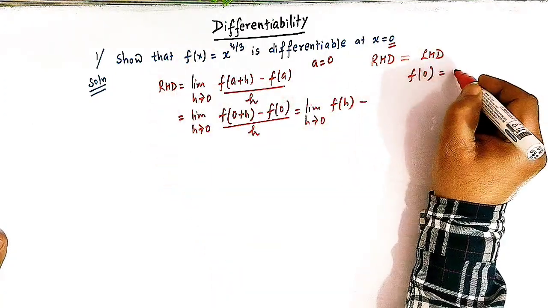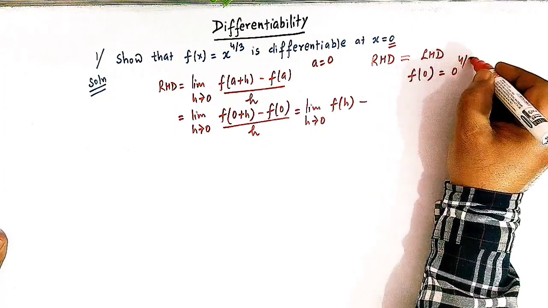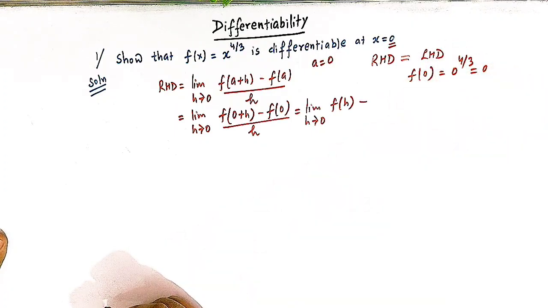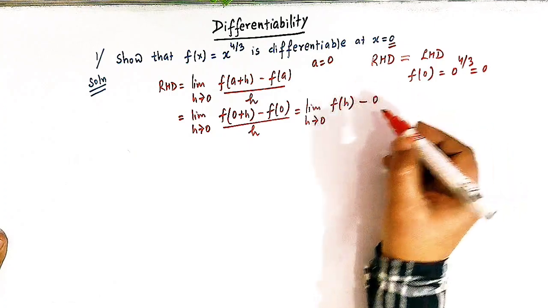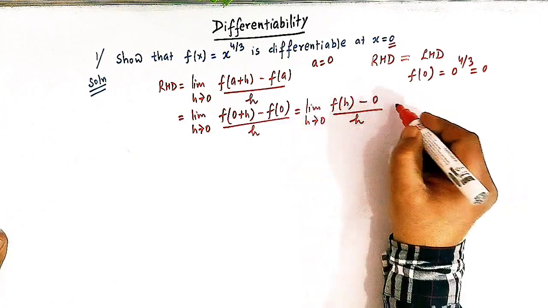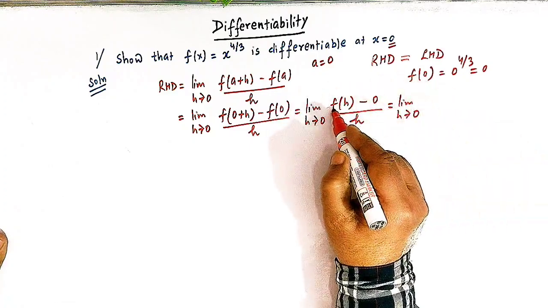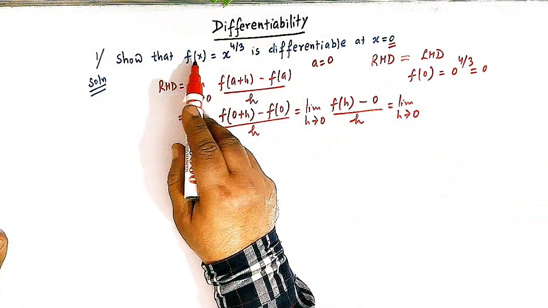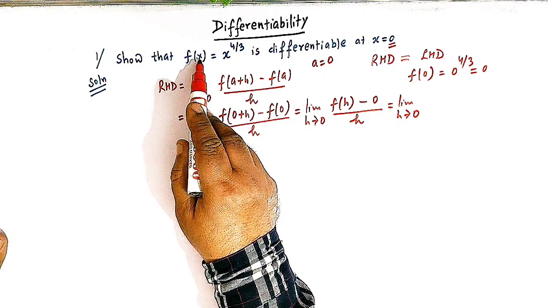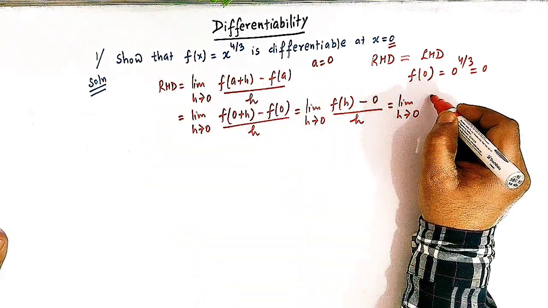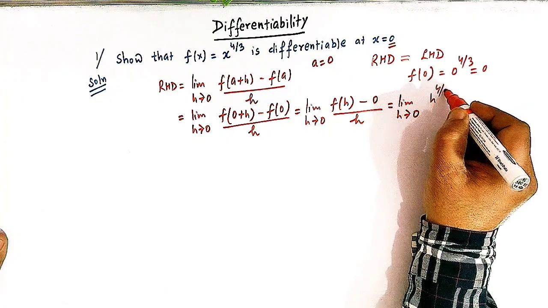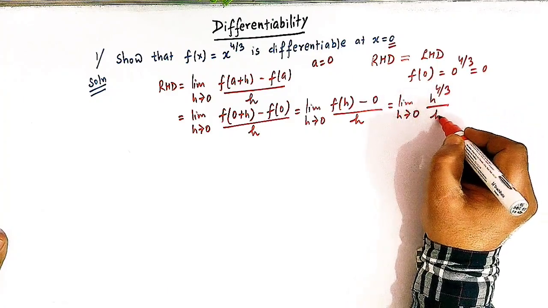We have f of 0 is 0 raised to 4 by 3, that is simply 0. So here we have 0 and here we have h. Now f of h is obtained by replacing x by h, so we have h raised to 4 over 3, and here we have h.